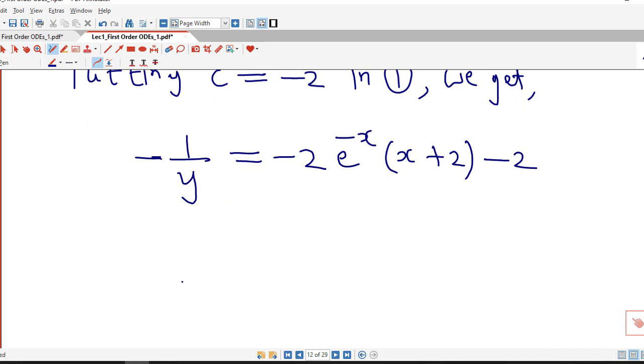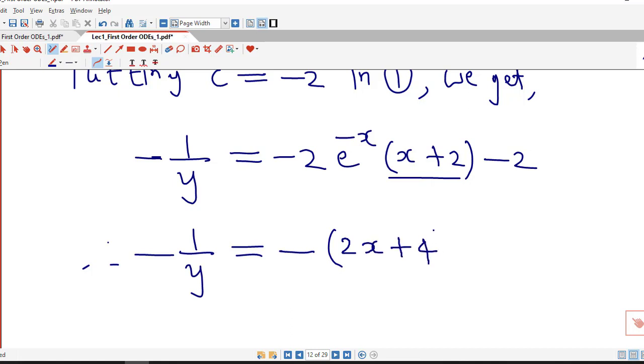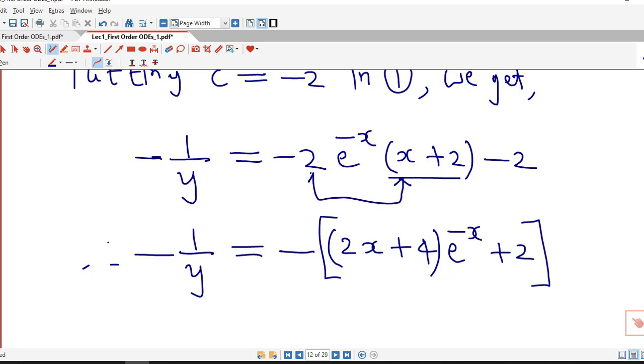Now again we can rewrite this as minus 1 by y. We can take the negative sign common, and we multiply this with 2, so we have 2x plus 4 times e raised to minus x, and the negative sign is outside the bracket, plus 2.